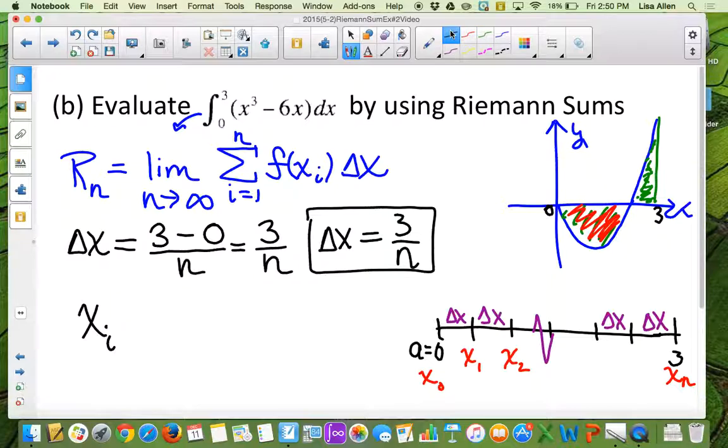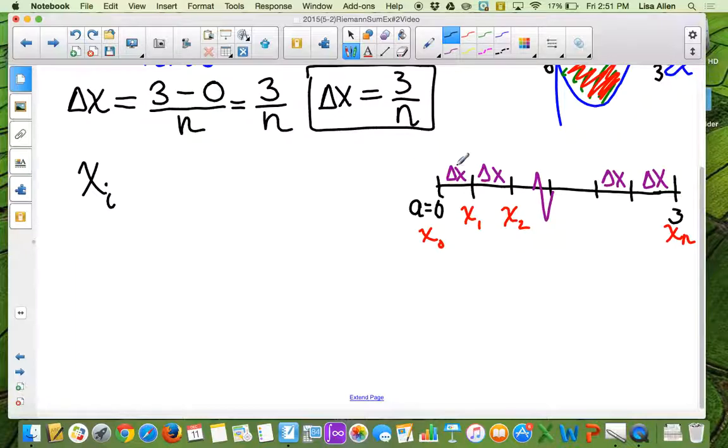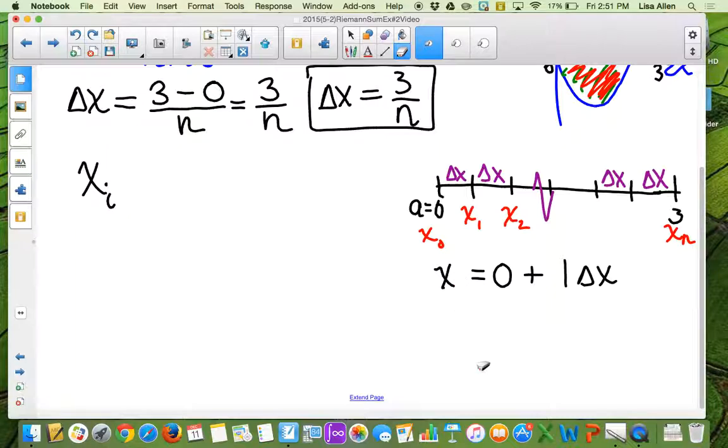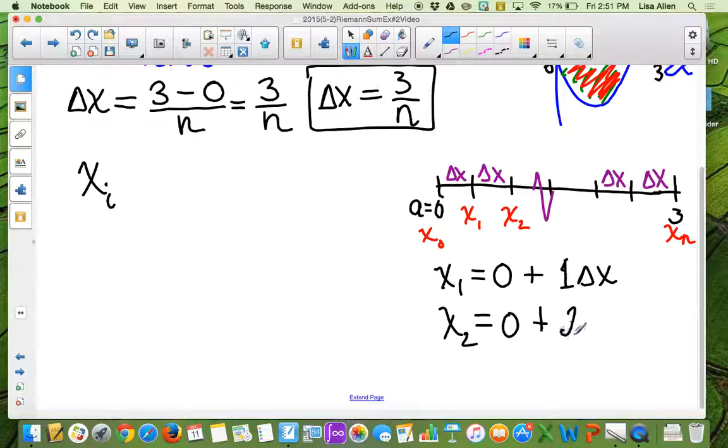So if I look at delta x, if you picture this, x sub 1 is equal to 0 plus 1 delta x. Oops, x sub 1. Silly teachers. So we have x sub 1 is equal to 0 plus one of those delta x's. But x sub 2 then is equal to the start plus 2 delta x's.